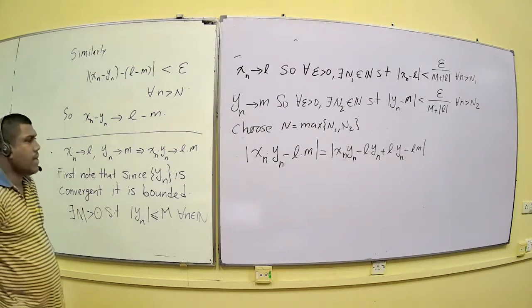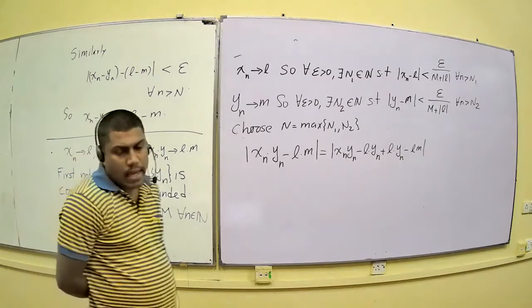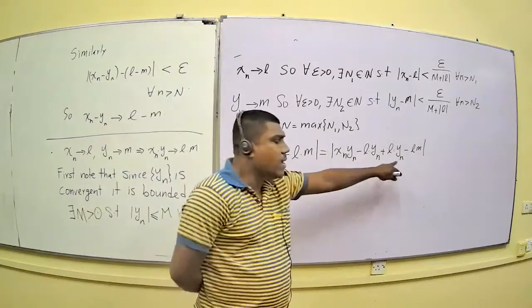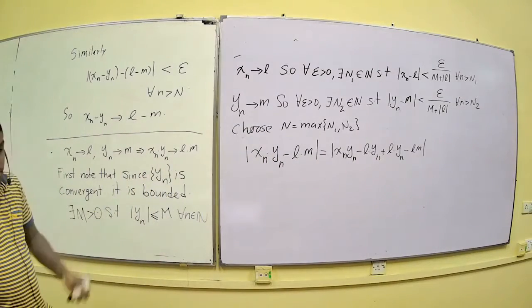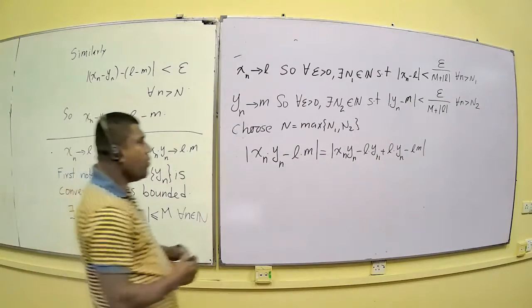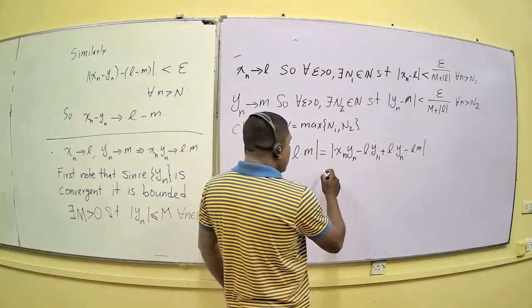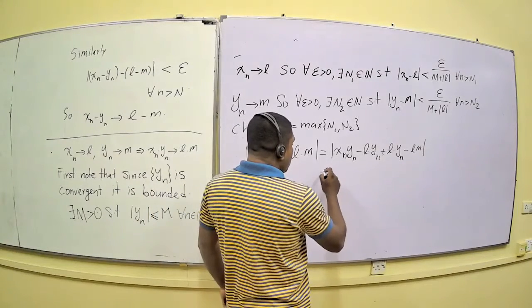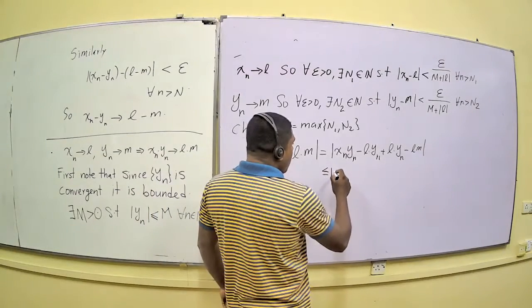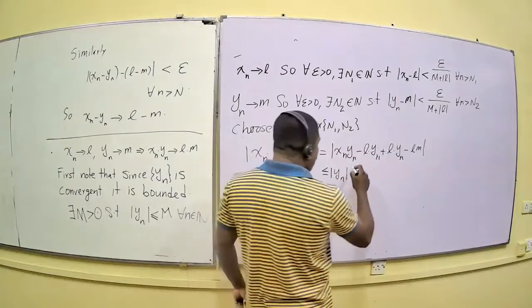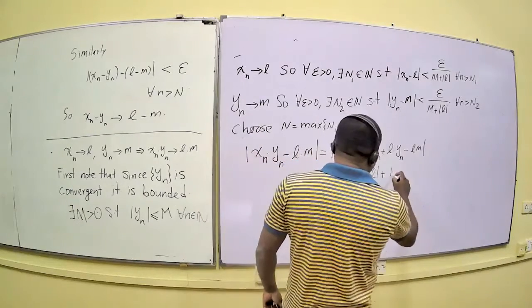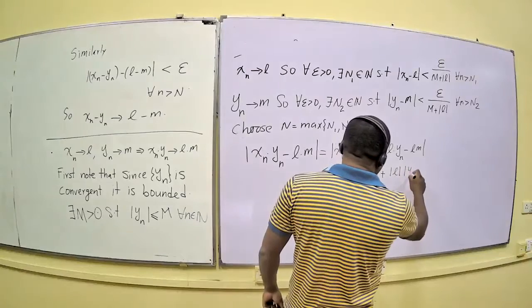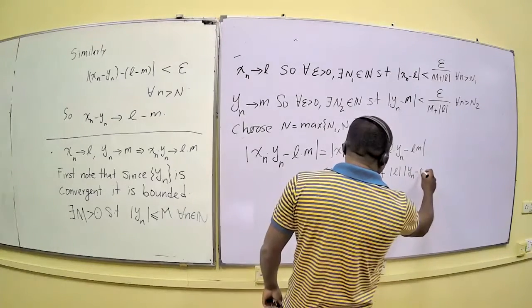So xn yn minus LM is what you have, but I add and subtract L times yn, so I can now break it using the triangle inequality.